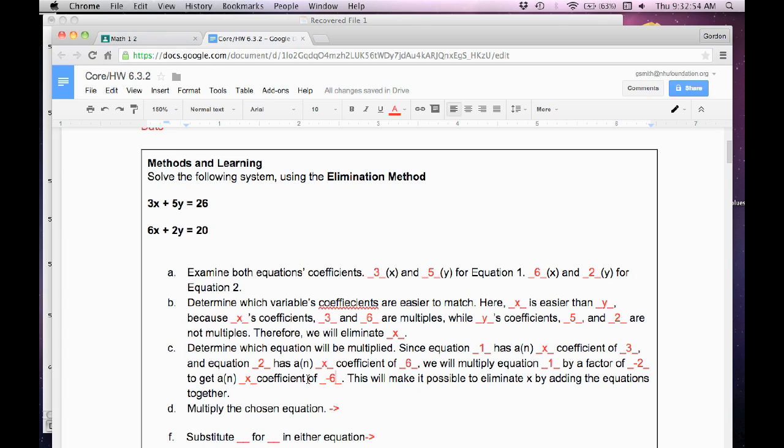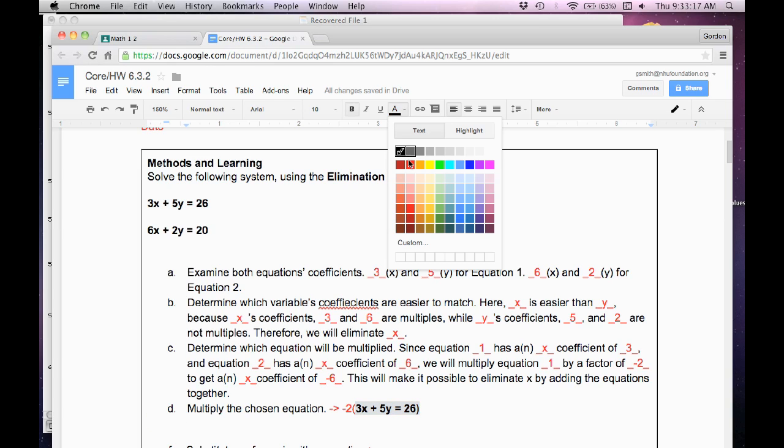Okay, so we're going to multiply the chosen equation. So again, this is the equation I'm choosing. I'm choosing equation 1. And what I'm going to do is multiply the whole thing by -2. So it looks like that. It's good to have all of this be red, showing that this is my work, of course.